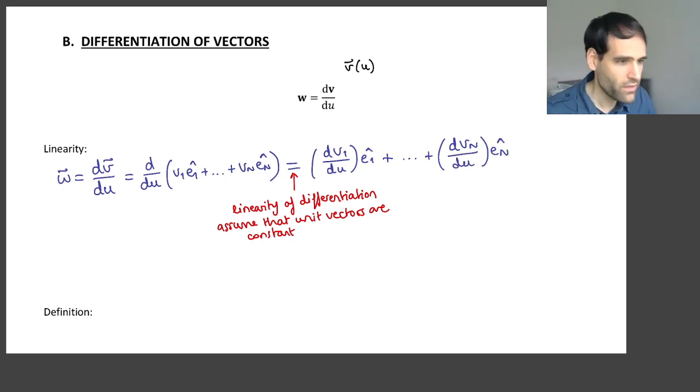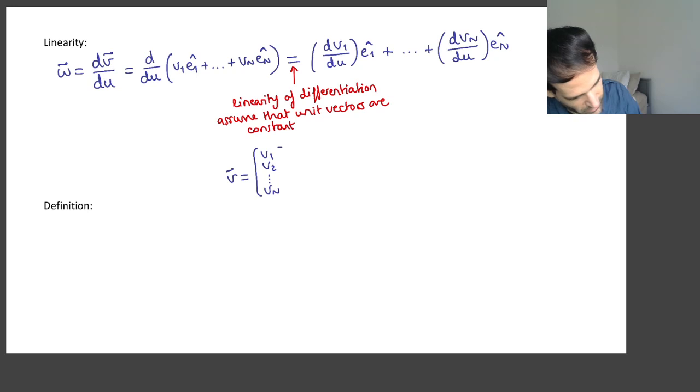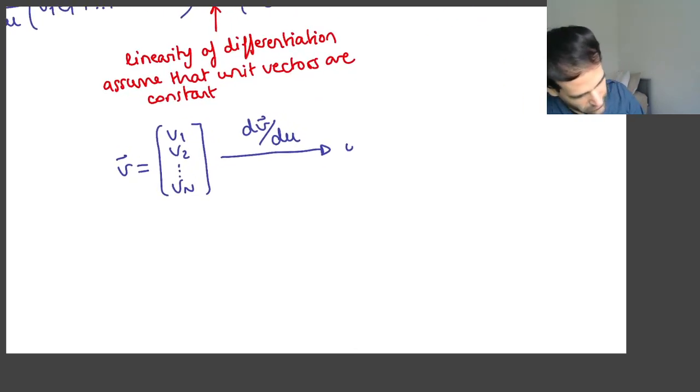Okay? Now if we were to write this in a notation of vectors, then this means that if vector v is our vector written as a column v1, v2 up to vn, that's how we write vectors, as a column, then when we apply the derivative dv with respect to u, the result is this vector w, which is simply a vector.